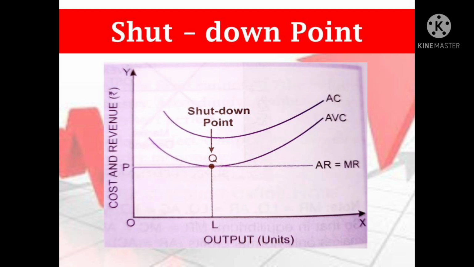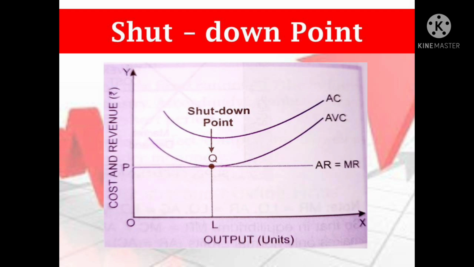So you see here in this figure, shutdown is struck at point Q where AR equals AVC equals LQ equals OP. A firm is operating with a price just covering its AVC, that is the average variable cost. Thus price or average revenue equals OP equals average variable cost equals LQ.